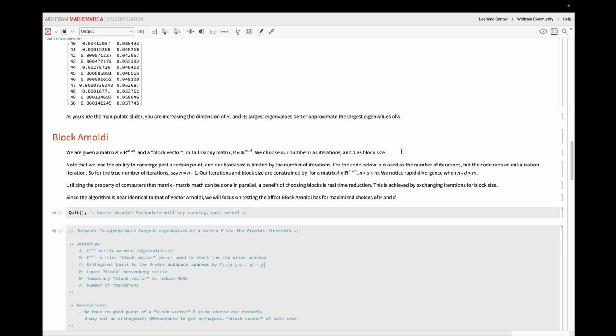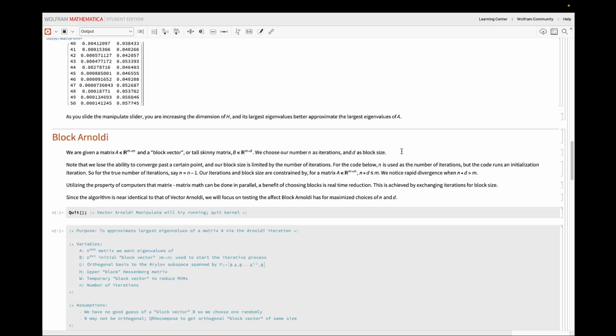So I will say that implies our subspace size is n times d. Note that we will lose the ability to converge past a certain point, and all that means is we will have a limitation that the number of iterations n multiplied by block size d must be less than or equal to our matrix A's row count or column count, m.